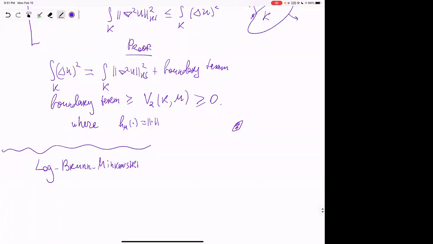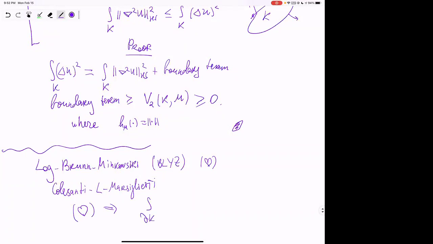Let me just say that there is this really cool conjecture by Böröczky, Lutwak, Yang, and Zhang, the log-Brunn-Minkowski conjecture, that together with Colesanti and Marsiglietti we showed implies something. I cannot take credit, I'm going to have to write something bad here, and then I will immediately write something good.